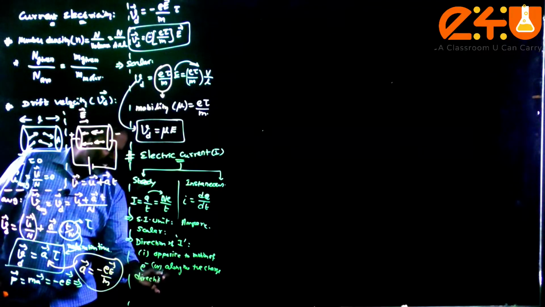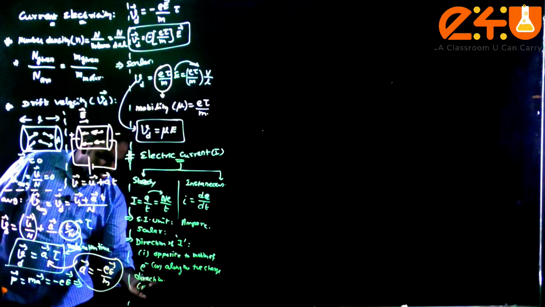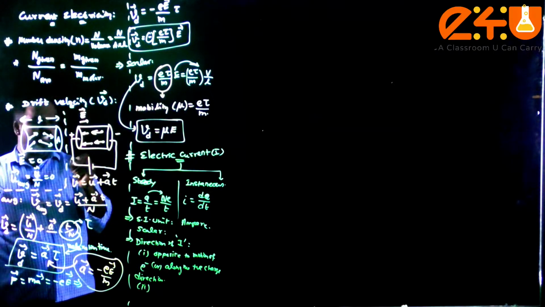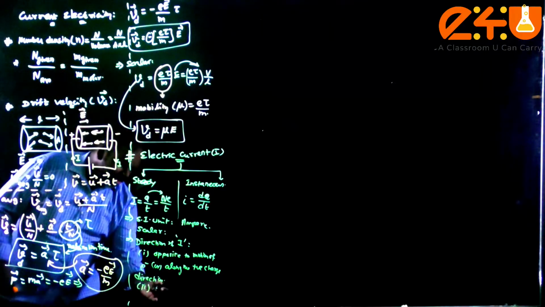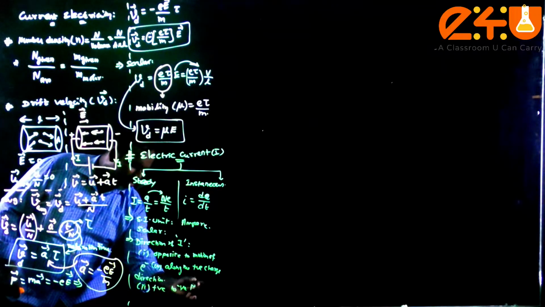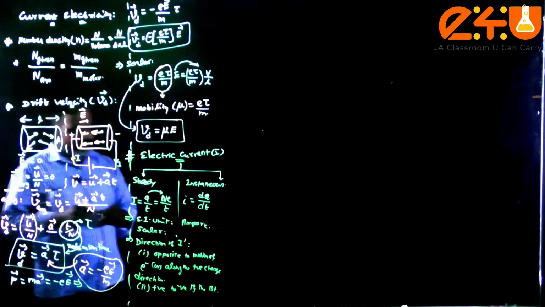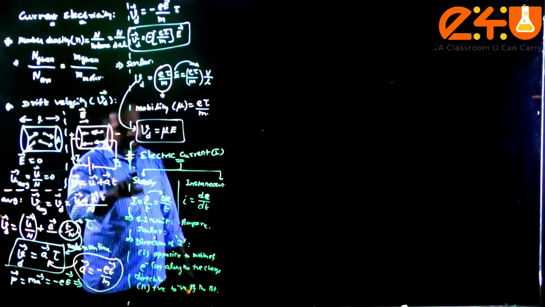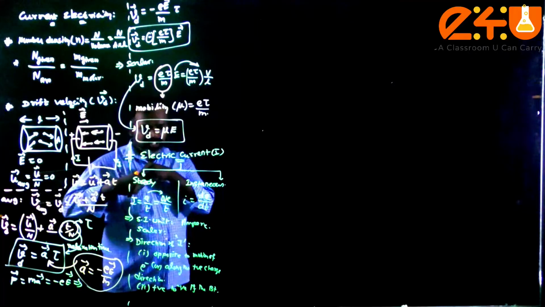This is one of the current direction representations. The second one is, from the external circuit, current goes from the positive terminal of the battery to the negative terminal of the battery. So these are the two sign conventions. Once again, this is just a convention, but current is a scalar quantity since it does not obey vector algebra.